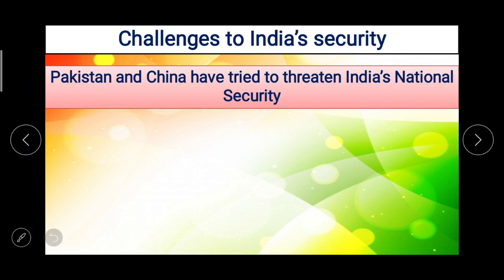This is one challenge to India's security, which includes the Kashmir issue, disputes over river water sharing, the problem of infiltrations, and disputes over the border. India has continually tried to solve these issues through discussion and negotiations.